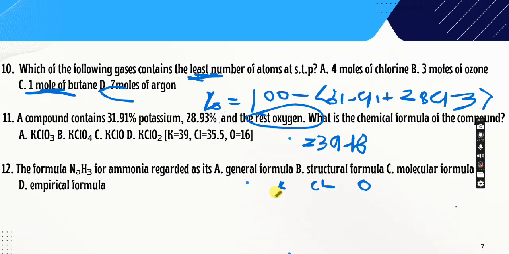So the first one is 31.91, the second one is 28.93, and the third one is 39.16.